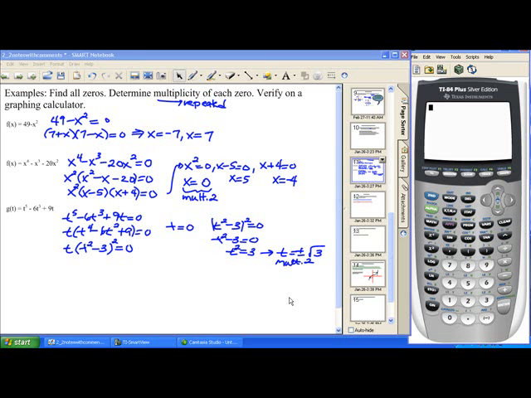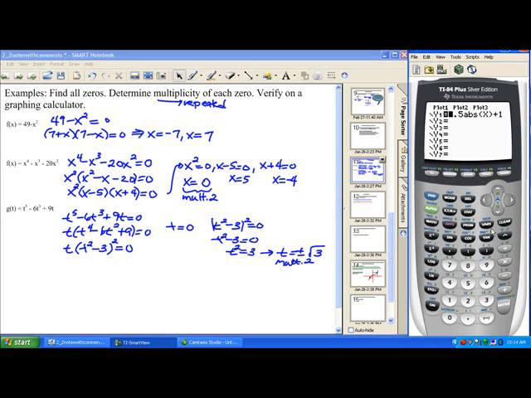Okay, so let's take a look at the graphing calculator. So I've pulled it up on my screen, and let's look at the graph of 49 minus x squared. So I go to my equation editor and enter 49 minus x squared.